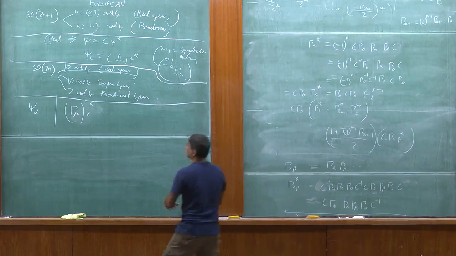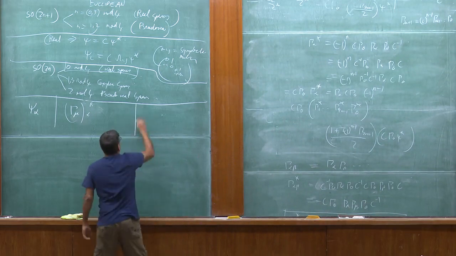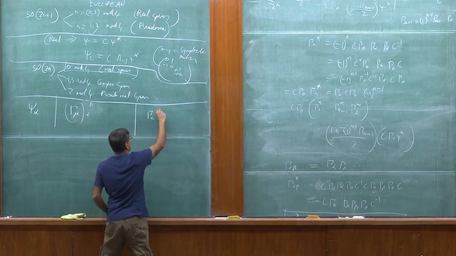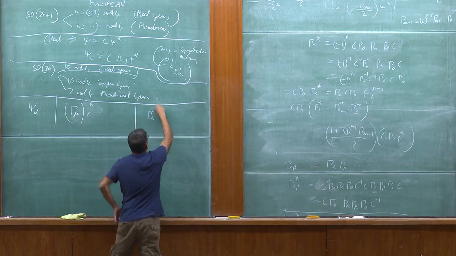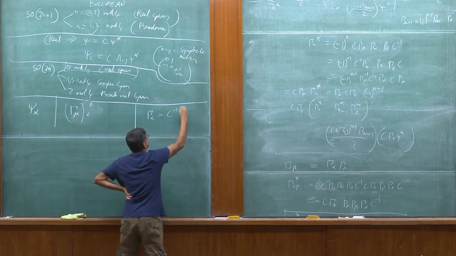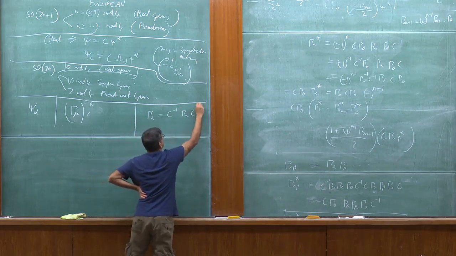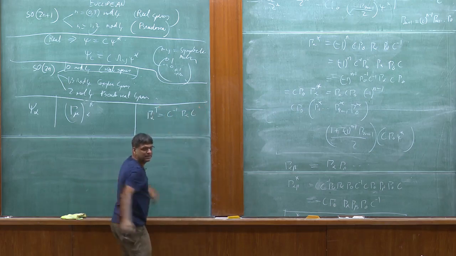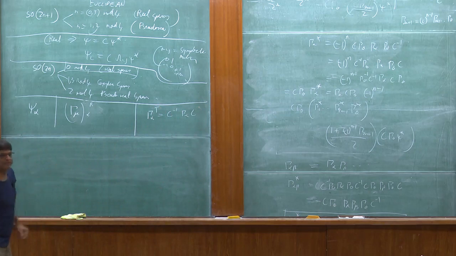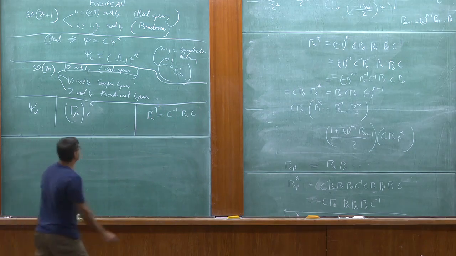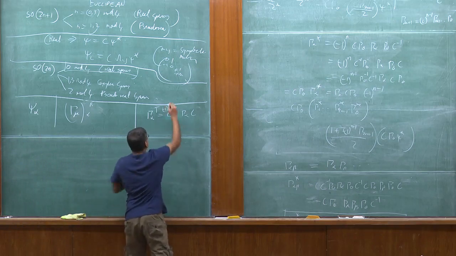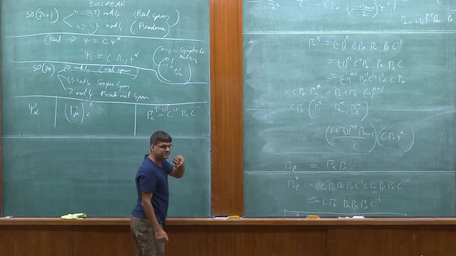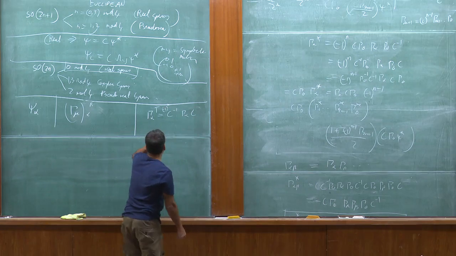Can somebody remind me what the relationship between C and gamma transpose is? Gamma alpha transpose was C inverse gamma alpha C star? Or the other way around? This way it's C inverse gamma C? Yes. Okay.